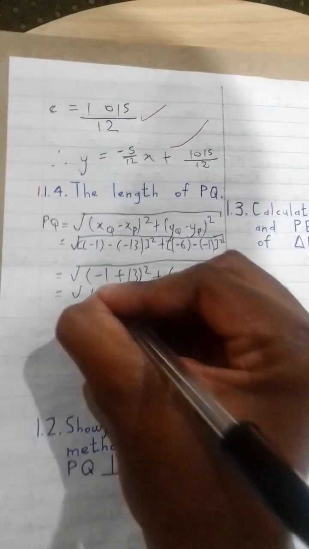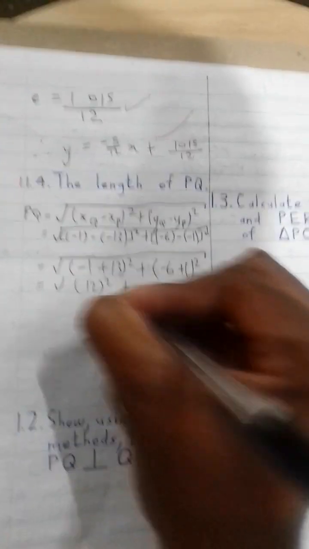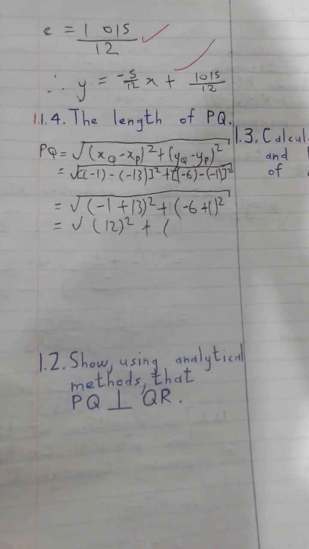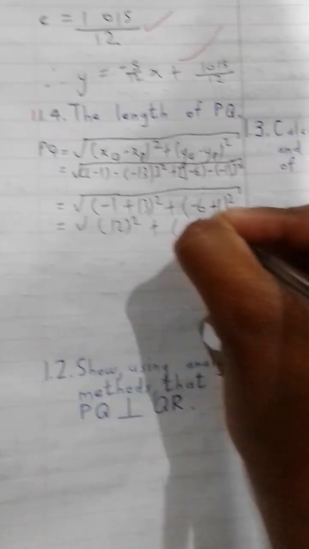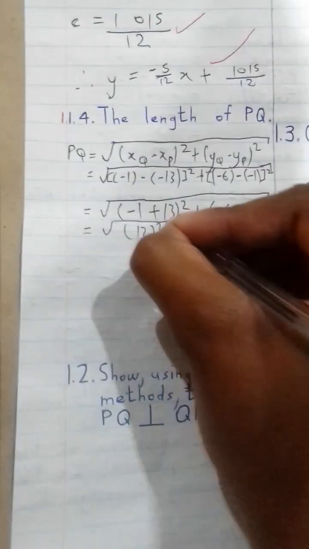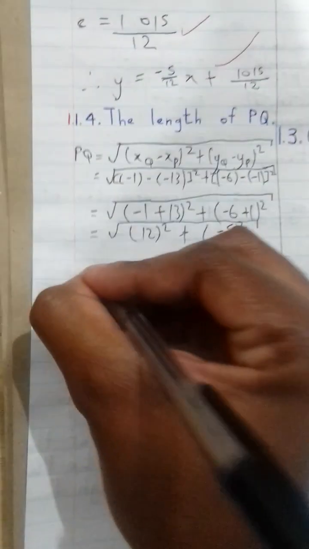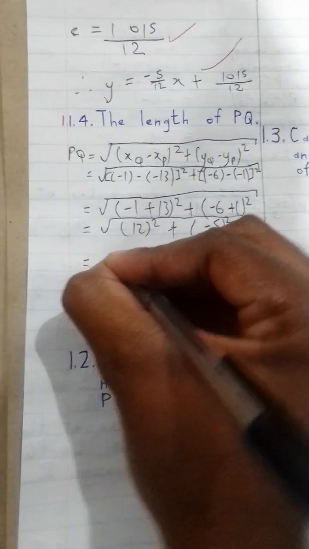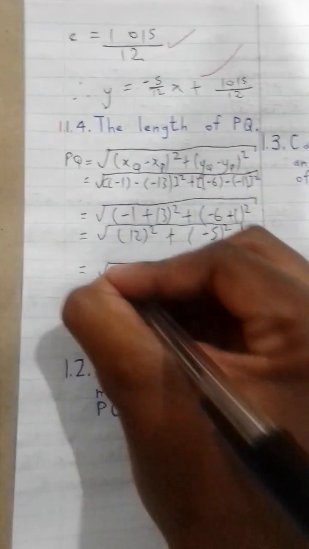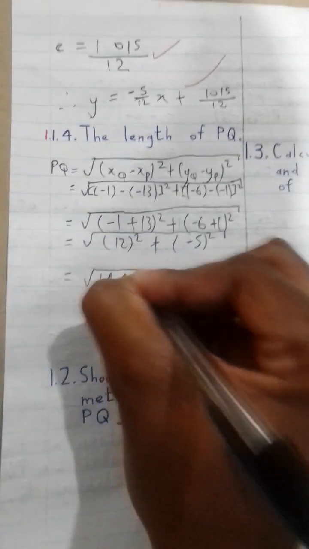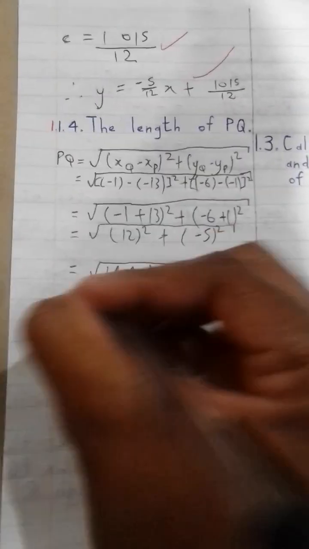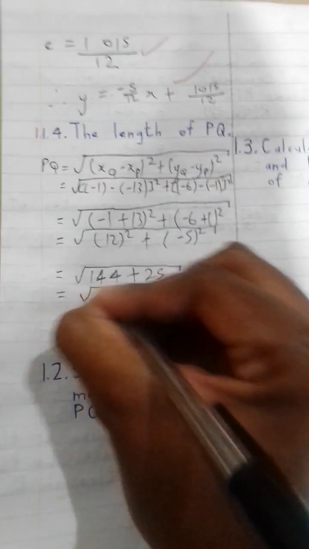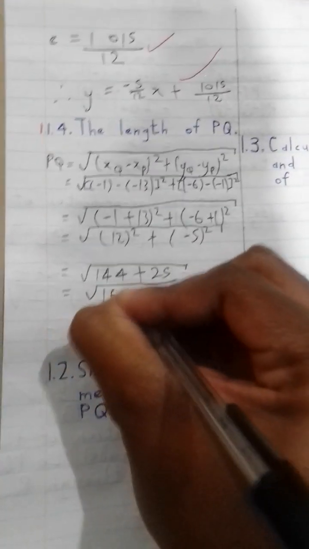Negative 1 plus 13 is 12 squared, plus negative 6 plus 1 is negative 5 squared. Twelve squared is 144, plus negative 5 times negative 5 is 25, which is 144 plus 25 is 169.